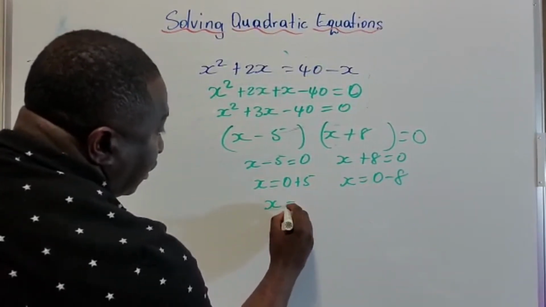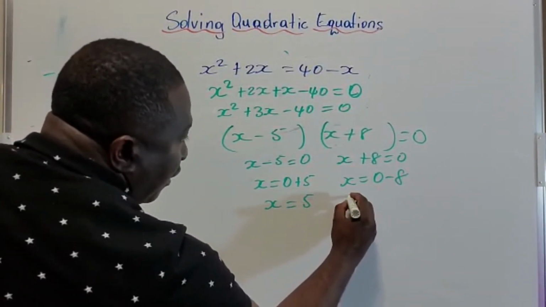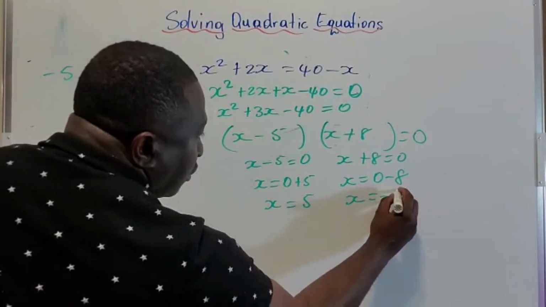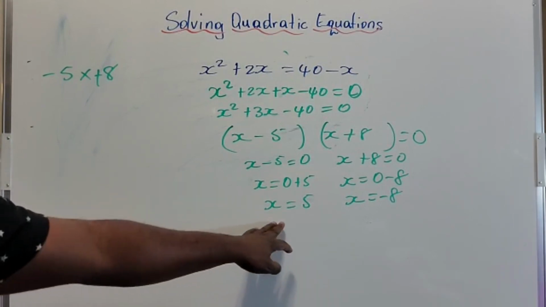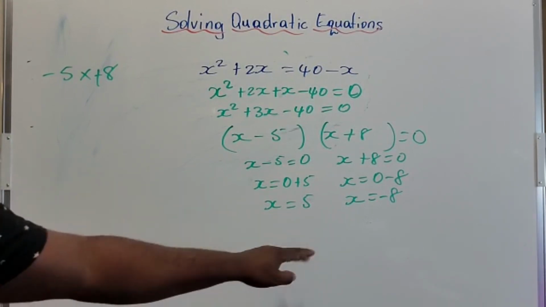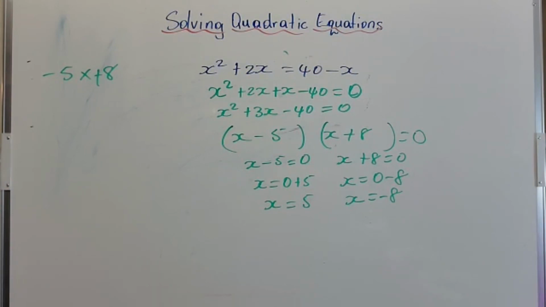Hence, x is equal to 5. x is also equal to negative 8. So in the fourth problem, the values of x are positive 5 and negative 8.